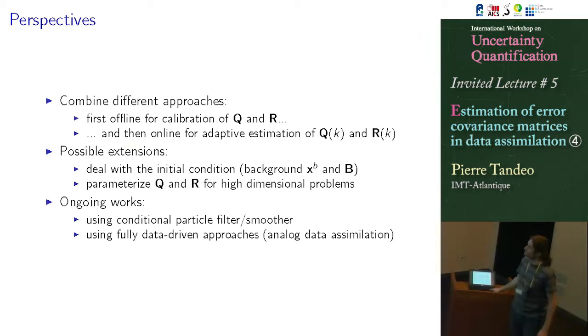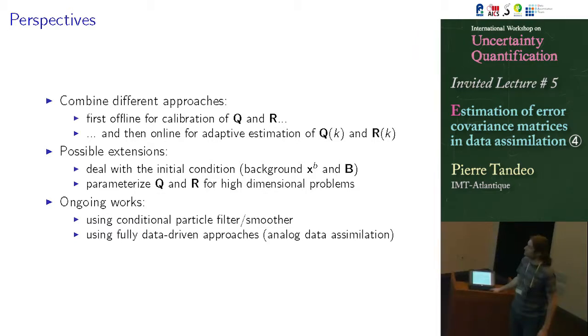We can also estimate, for instance, the bias in the model and also in the observation. Sometimes models have systematic bias, and observations also, and here we can propose to estimate the bias.